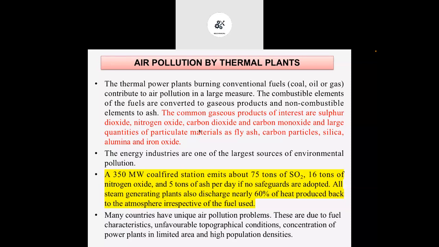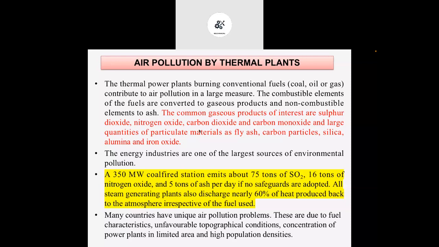So that particular exhaust gas will contain all these pollutants like sulfur dioxide, nitrogen oxide, carbon dioxide, carbon monoxide, fly ash, etc. So whenever we want to release that into the atmosphere, don't release it directly. Before releasing, we have to carry out some processes on that particular exhaust gas, and we can reduce the level of pollutants in it.